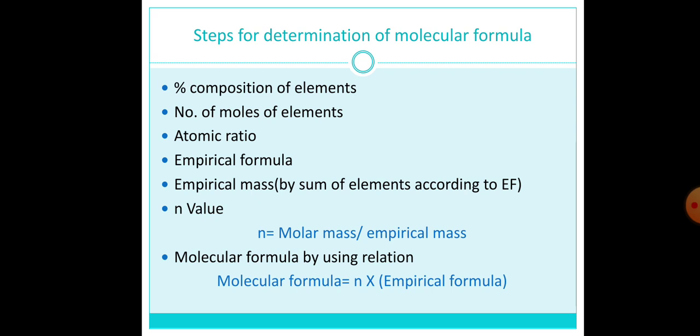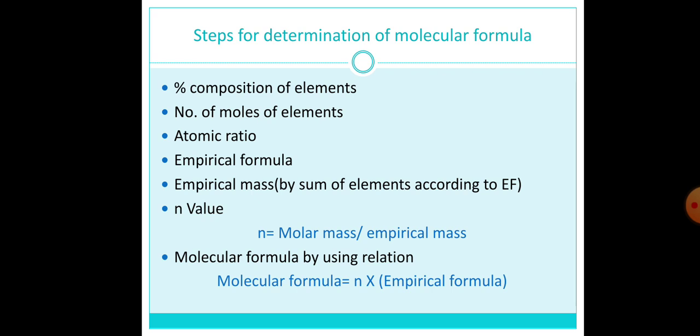After that, we calculate the number of moles of each element, by dividing the mass by the molar mass of the element. After that, we calculate the atomic ratio, by dividing the moles of each element by the smallest mole value. After that, we write the empirical formula according to the ratio. These 4 steps you already discussed about empirical formula.